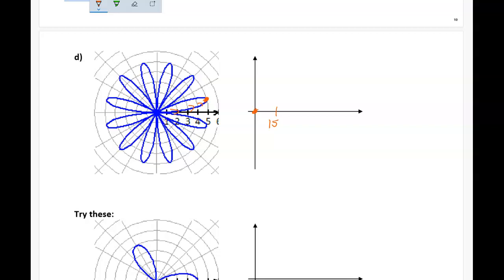So it looks like our radius goes from 0 to a maximum of 5 once we reach 15 degrees. Then it looks like it goes back down to 0 at 30 degrees. I think we can sort of intuit the rest of this graph from there.